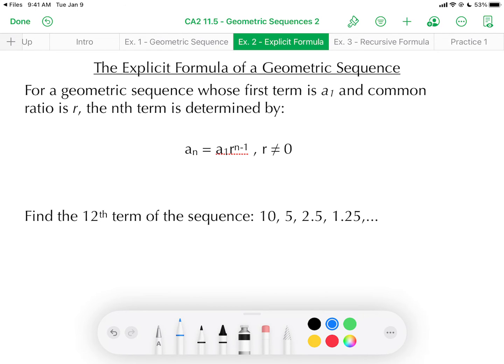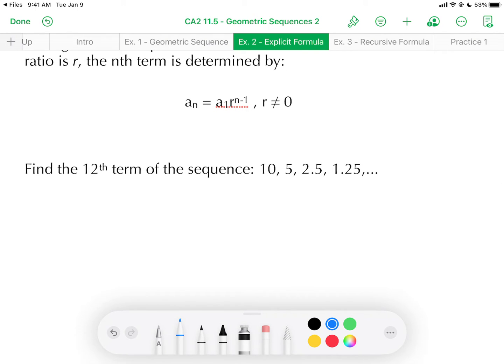So let's find the 12th term of the sequence that begins with 10, then 5, then 2.5, then 1.25. What's r here? 1/2. Okay, so if I want the 12th term, that would be represented with the notation a sub 12.